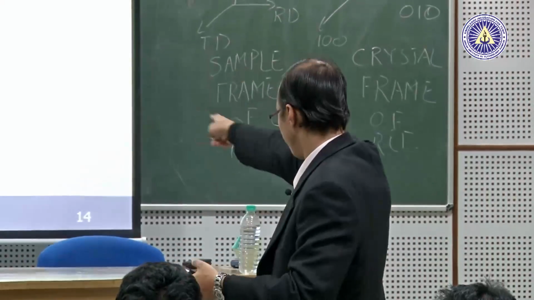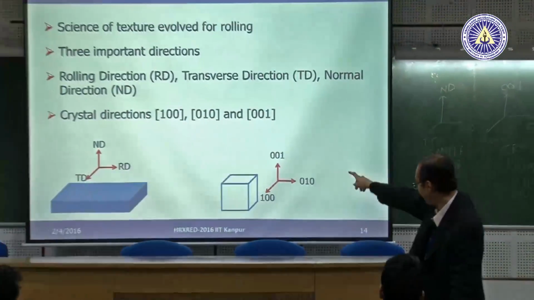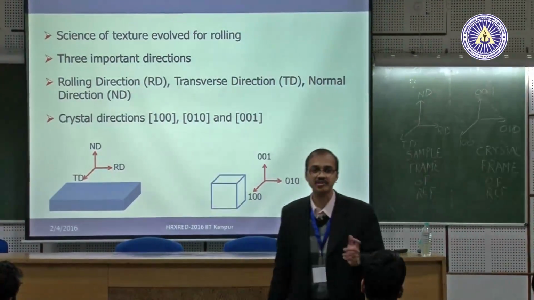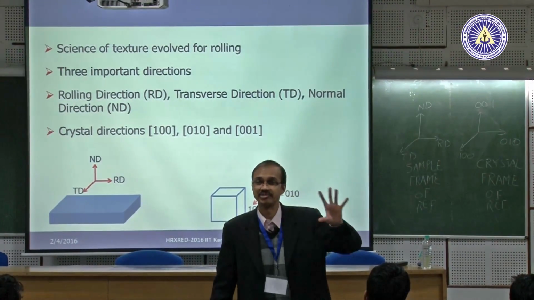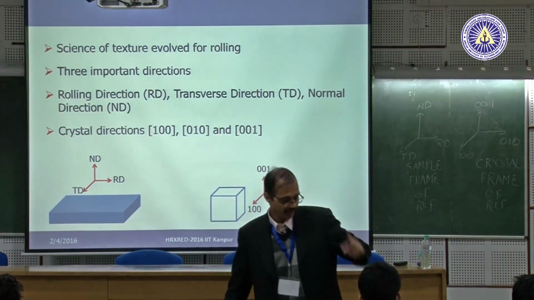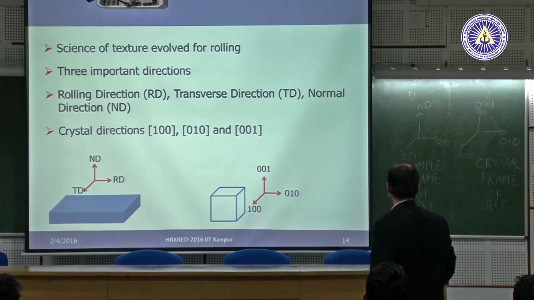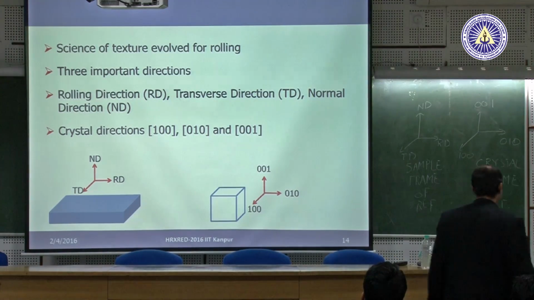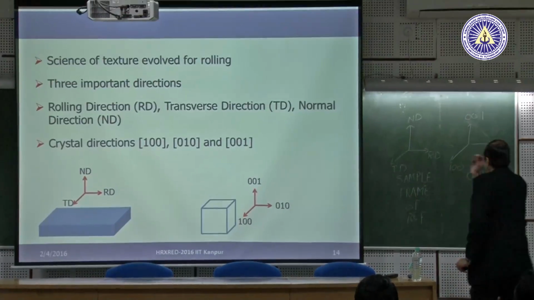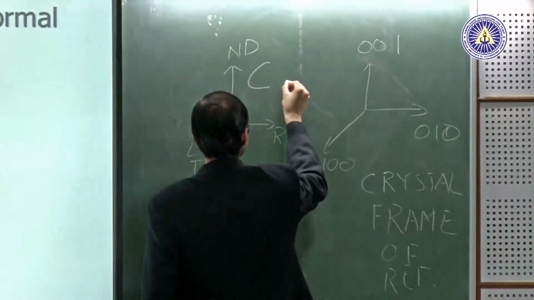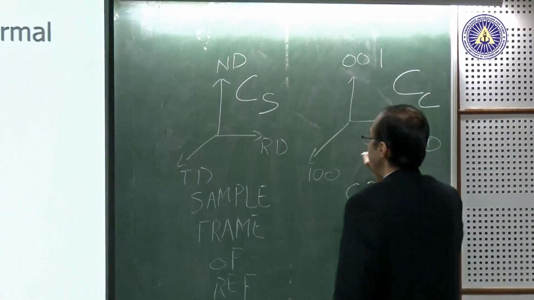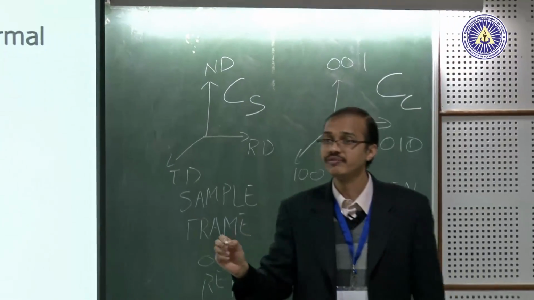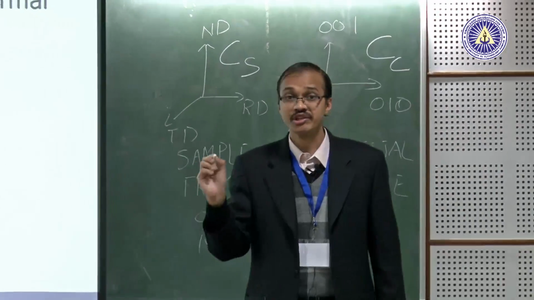So here you see, this ND-RD-TD can also be represented as X, Y, Z. So I have what is known as my sample frame of reference, and here I have my crystal frame of reference. So I call this CS, the coordinate system for the sample, and I call this CC, which is the coordinate frame for my crystal.